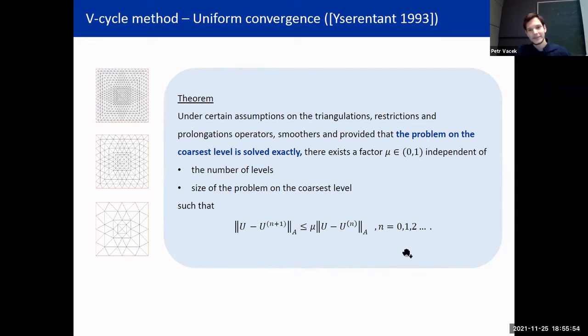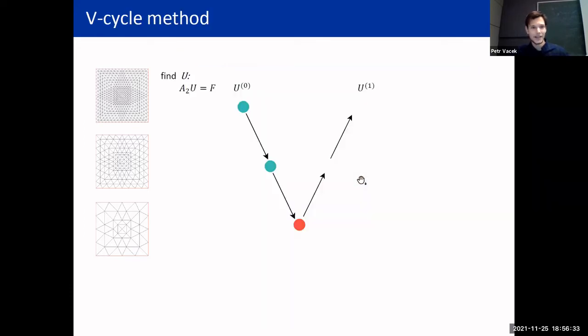The problem with this theorem is that in practice, when we are solving large problems, the size of the problem on the coarsest level can be so large that we are not able to use direct methods based on LU decomposition or Cholesky decomposition, and thus we cannot use this theorem in practical situations.